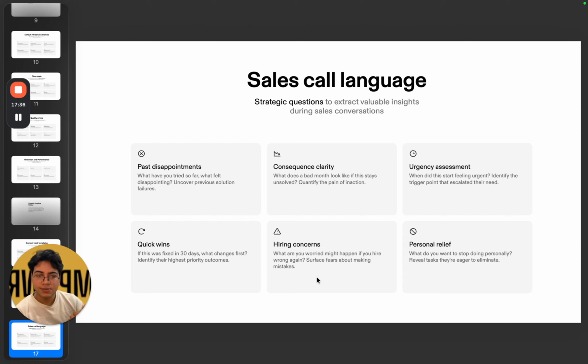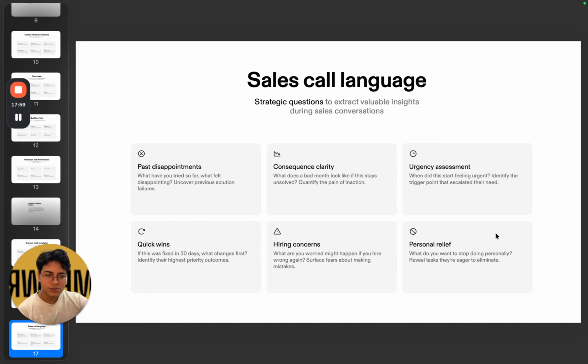What have you tried in the past? What disappointed you? What does a bad month look like if this situation stays unresolved? What do you want to personally stop doing? If this was fixed in the next 30 days, what will change first? Write their answers word for word, then add them to your bank.